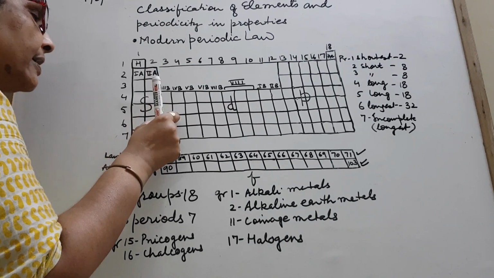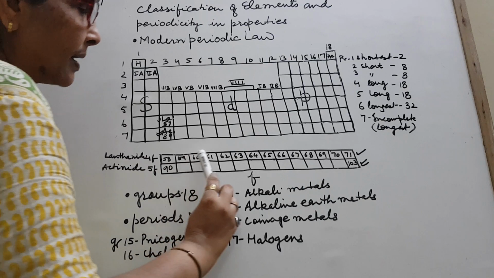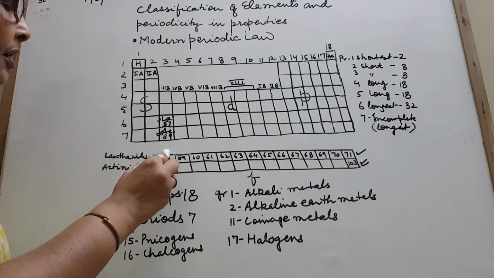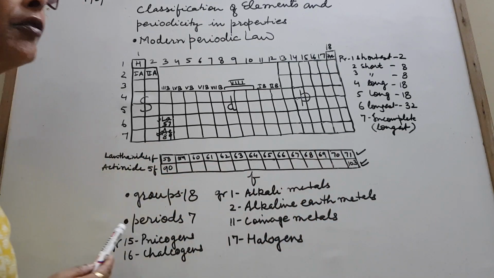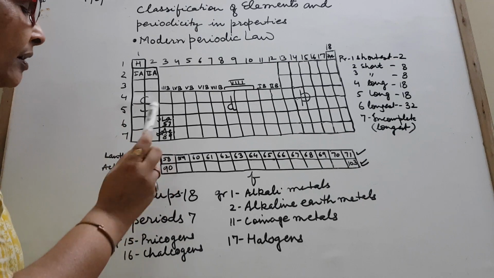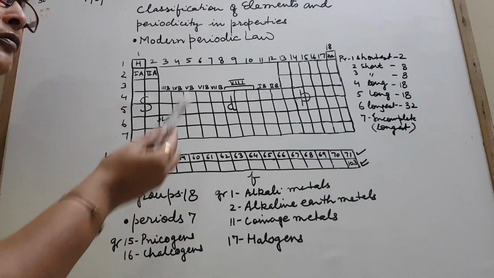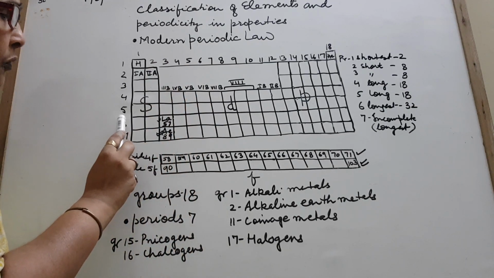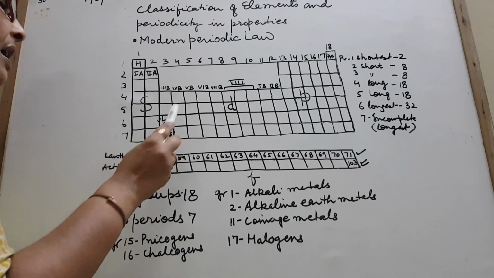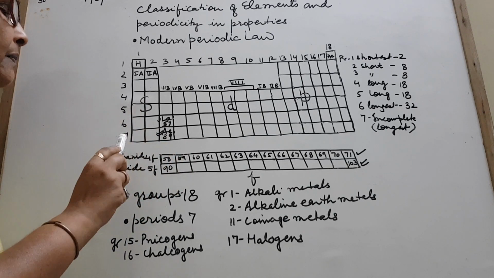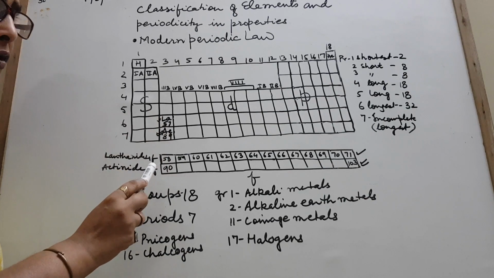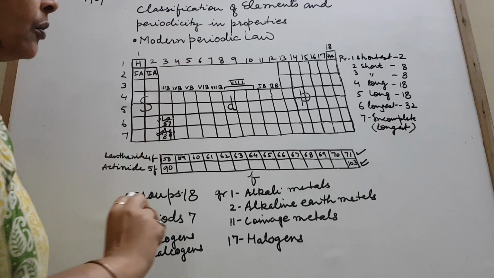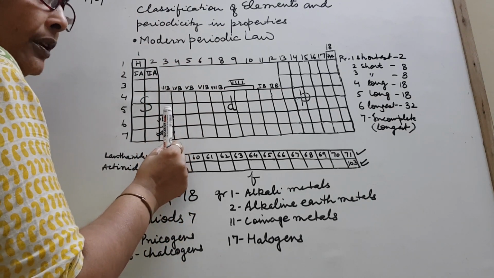Since they could not be placed here, as this would have been congested, they have been brought down, 58, 59 until 71, 14 elements. Means after lanthanum, we had 58, 59 having configuration 4f1, 4f2, 4f3 likewise. Similarly, this was in period 6, and in the 7th also. After actinium, the elements had the last electron entering 5f, 5f1, 5f2 and likewise it was going, and they were finding place here only due to configuration.